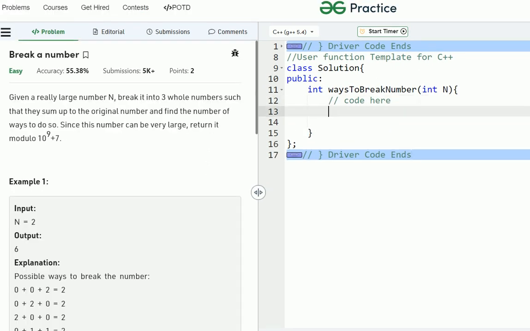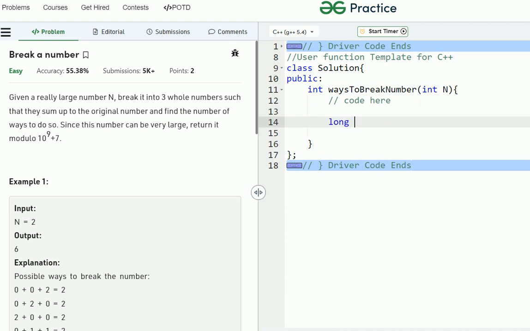First of all, take long mod as 10 to the power 9 plus 7, that is 1 0 0 0 0 0 0 0 0 7.